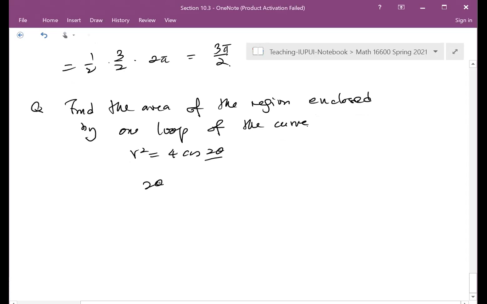So you may assume that theta is from negative pi over 2 to positive pi over 2, because only for that interval is cosine 2 theta positive. This is a continuum, just one interval actually gives you all the information.